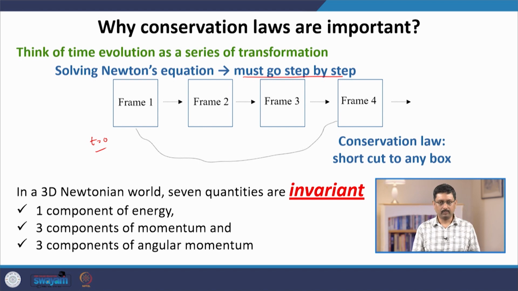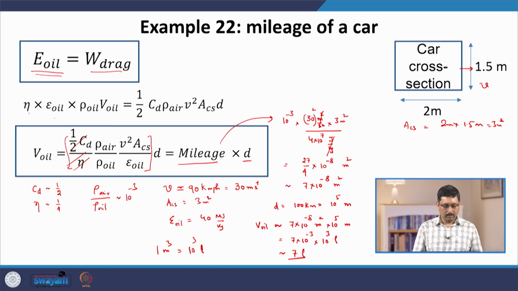For example, we do not know exactly how the chemical reaction is going on in the car that is moving. We only need to know that there is some physical process by which this energy gets transferred, and that this energy is not getting destroyed, it is just transferred from the chemical energy stored in the oil to the work done against a drag force.